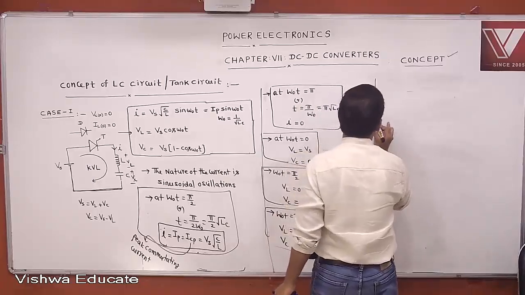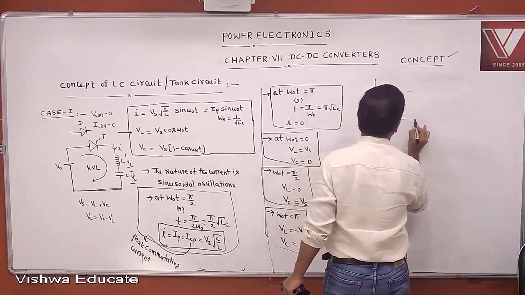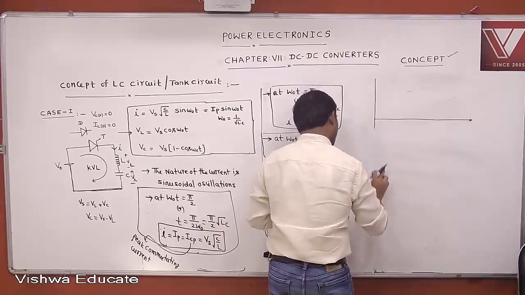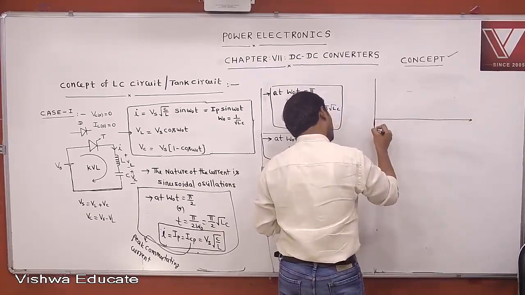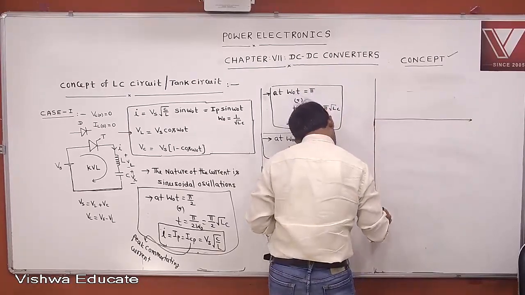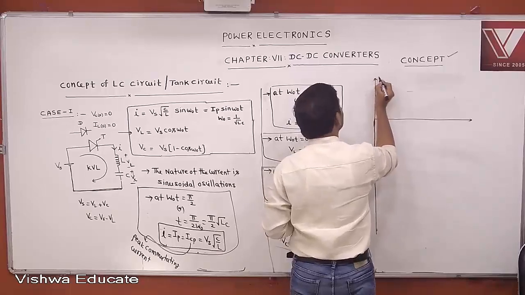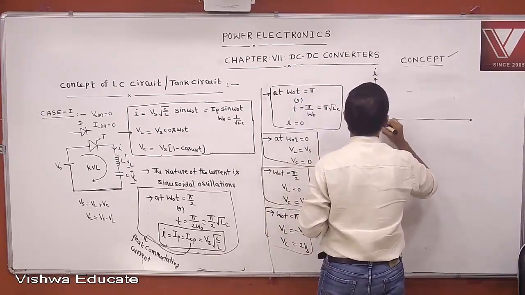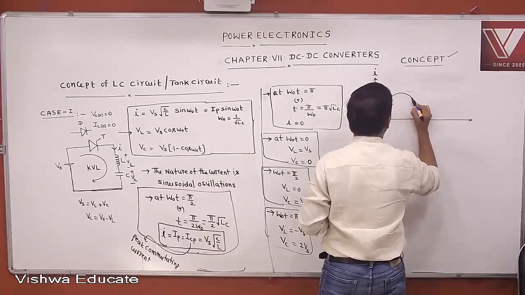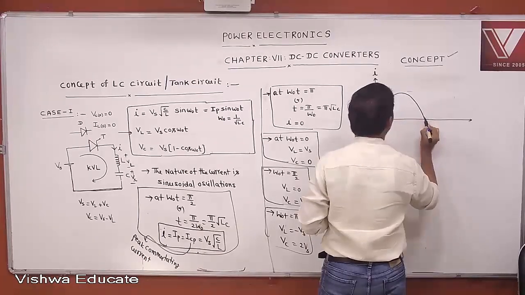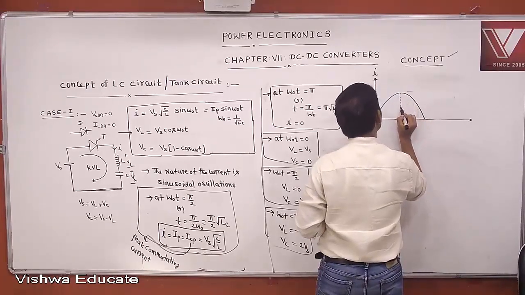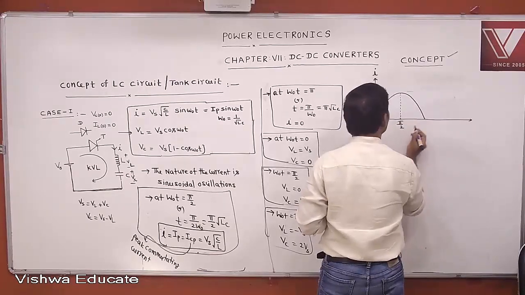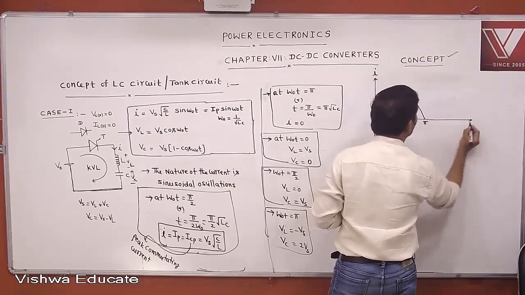I am drawing the current and voltage waveforms. Let this be the I waveform. The nature of the current is sinusoidal, and the current is maximum at omega naught t equal to pi by 2, and 0 at omega naught t equal to pi.